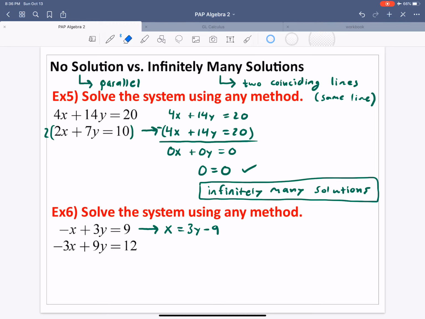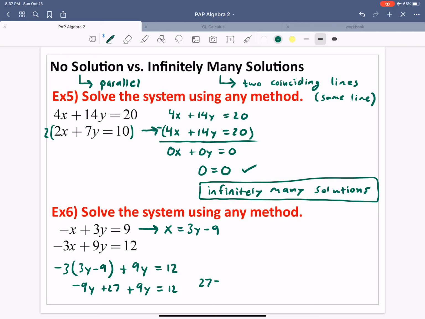And then I'm going to plug that into my second equation. So negative 3 times 3y minus 9 plus 9y equals 12. I get negative 9y plus 27 plus 9y equals 12. Negative 9y and 9y are going to cancel each other out, so I end up getting 27 equals 12.